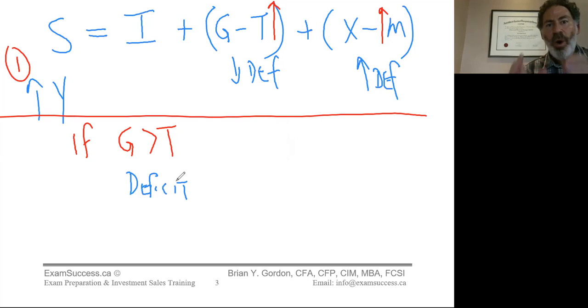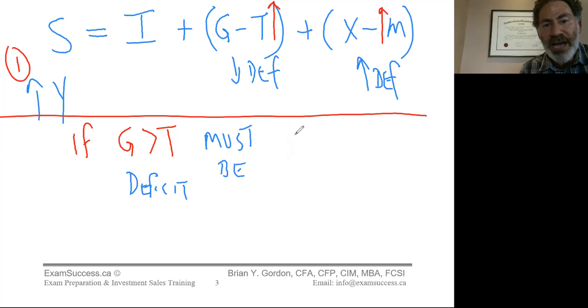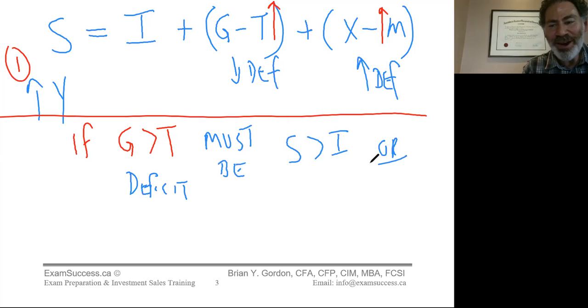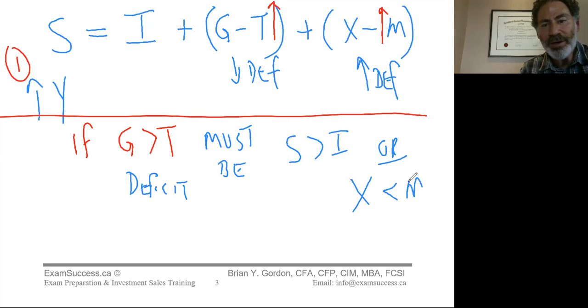So if there is a fiscal deficit, then by definition, and this is what you're going to look for on the exam, there must be either an excess of savings over investments, or, it could be both, exports less than imports, or a trade deficit.